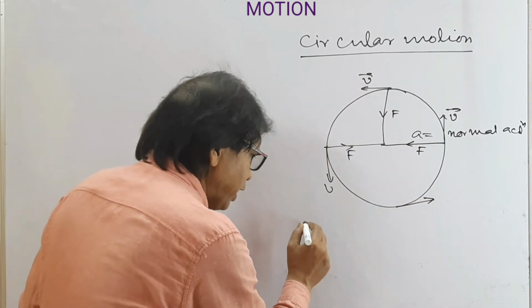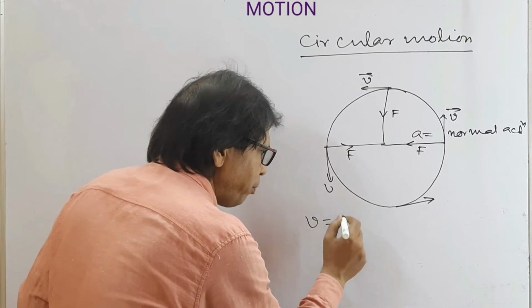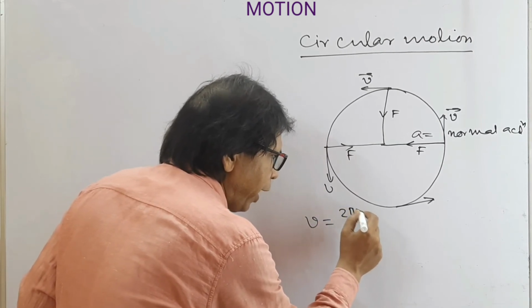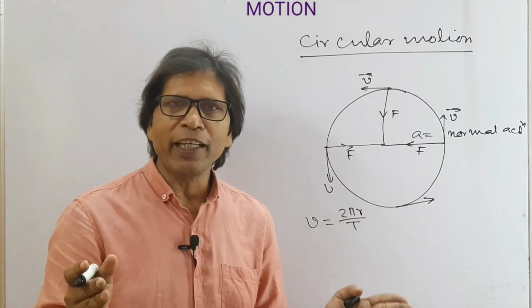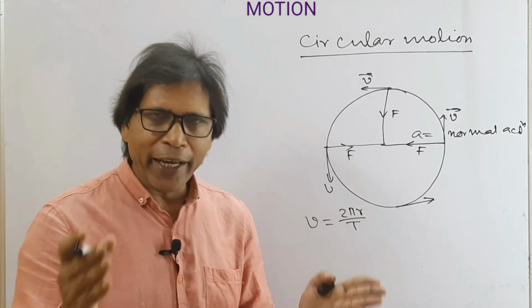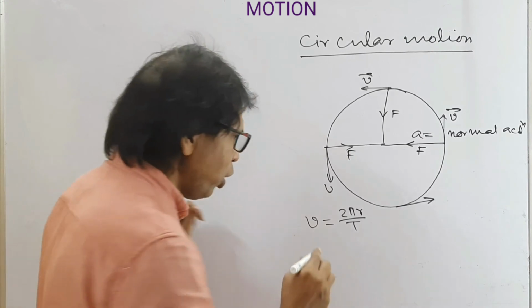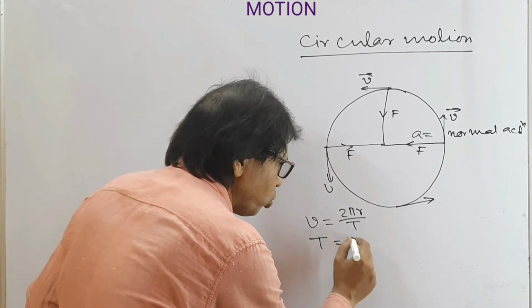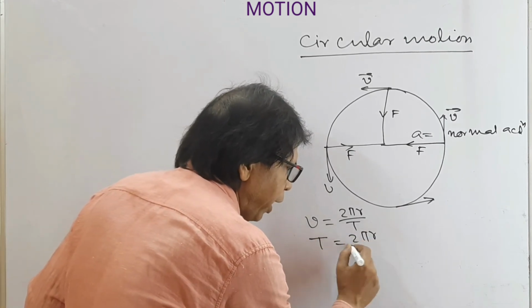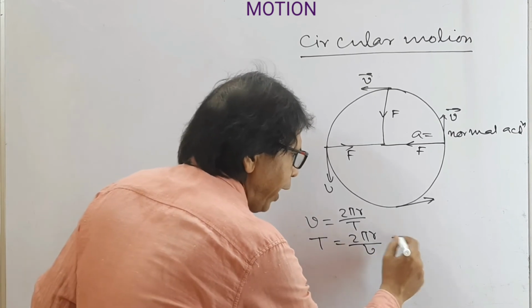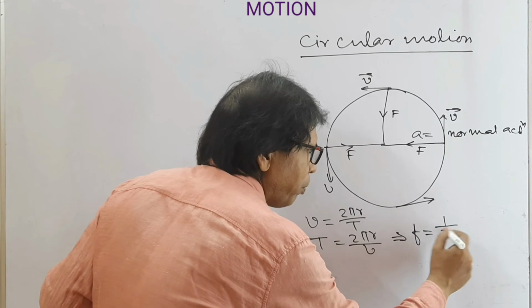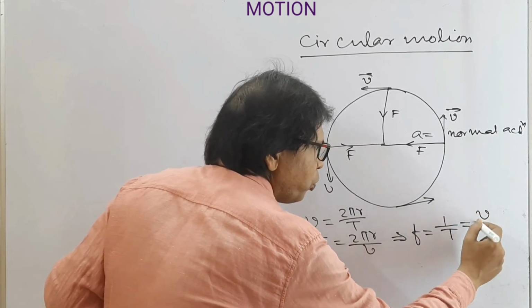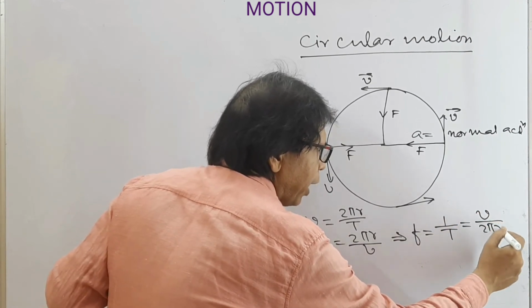So if v is the speed of rotation, then v equals 2 pi r divided by capital T, where capital T is known as period of rotation. So T equals 2 pi r by v, and frequency of rotation f, the inverse of time, equals v by 2 pi r.